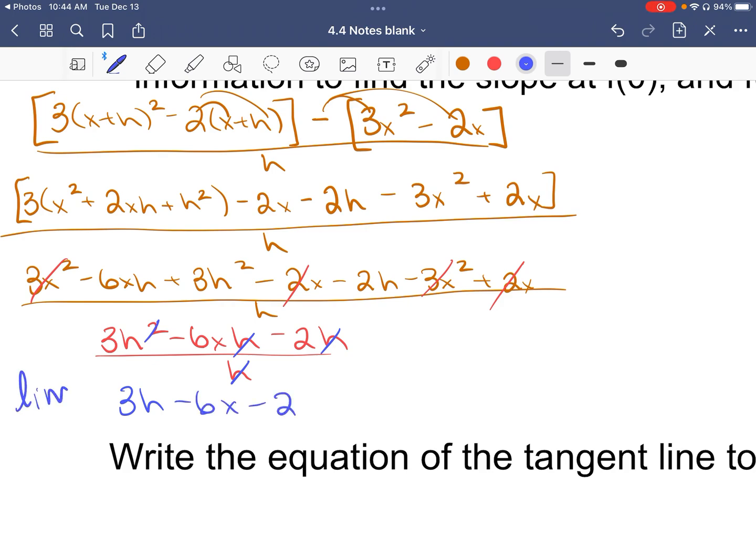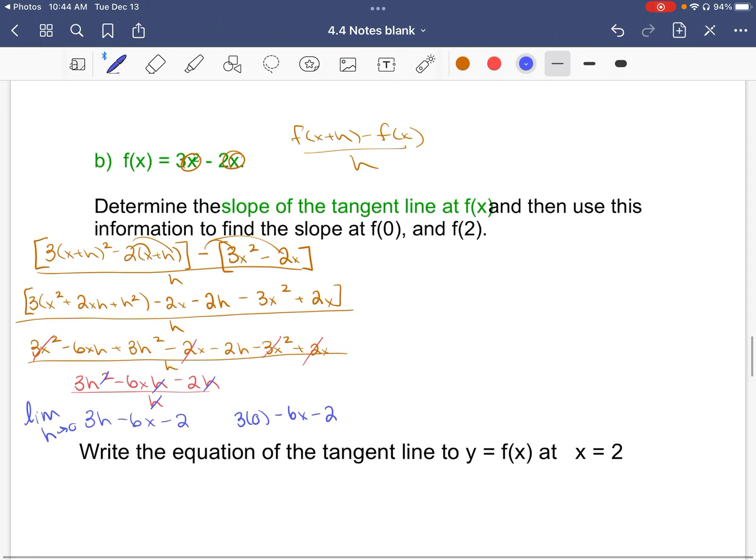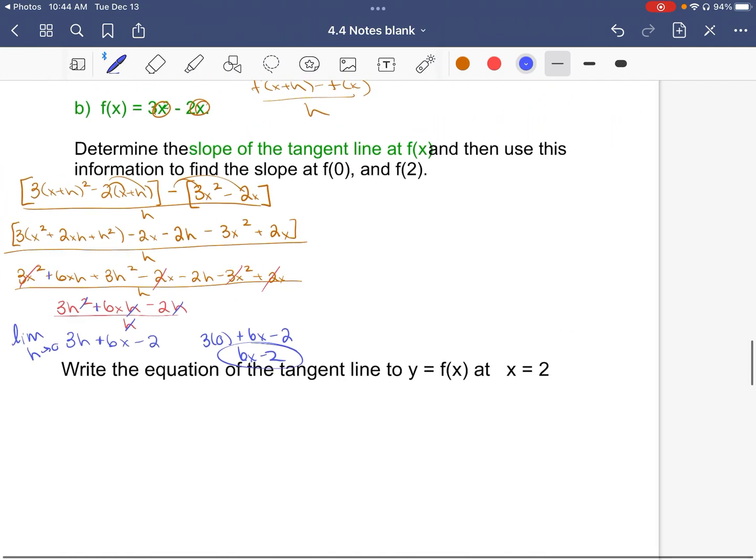If we take the limit as h approaches 0, we would get 3 times 0 plus 6x minus 2. Something tells me I have done something wrong. Oh, that should be a positive. There we go. 6x minus 2. So that is our slope of the tangent line at any point.